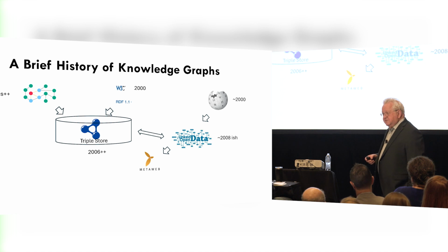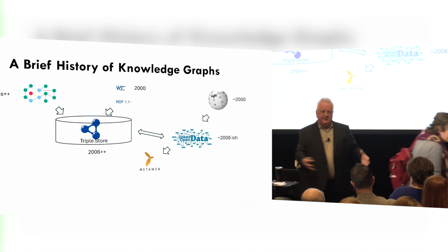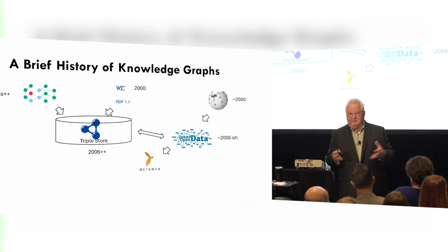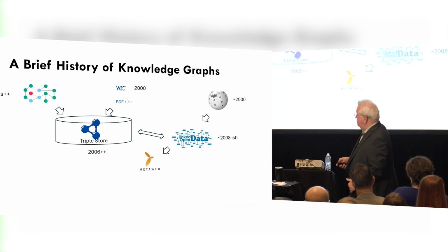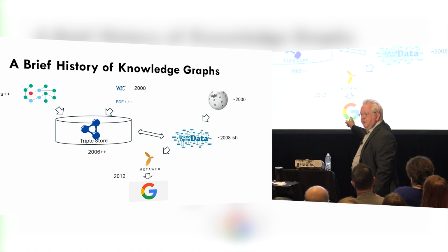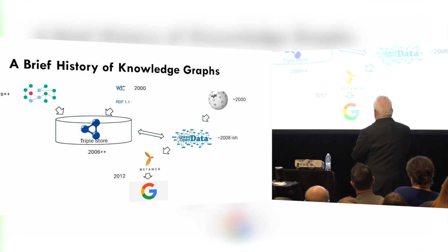One company sets up shop outside there, sucks down a few hundred million triples, combines it with some of their own proprietary stuff, and starts selling whatever it is they were selling, better search, I think. And Google comes along in 2012 and acquires this company and their product called Freebase. It's kind of an edgy name.